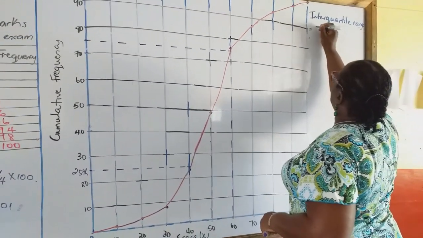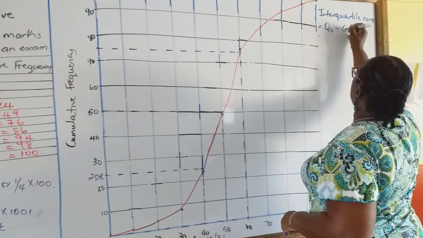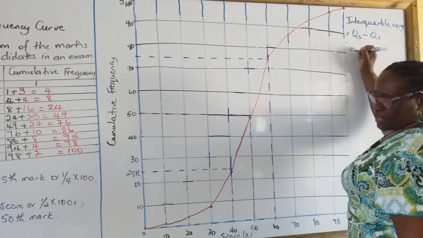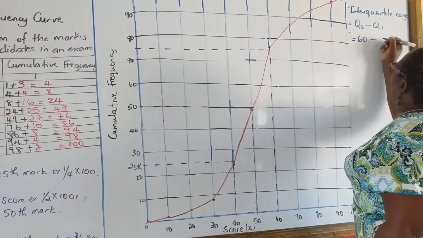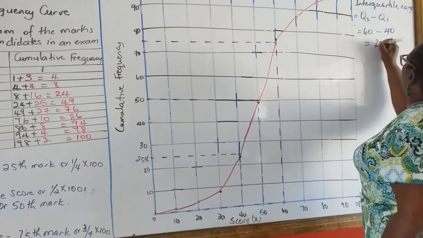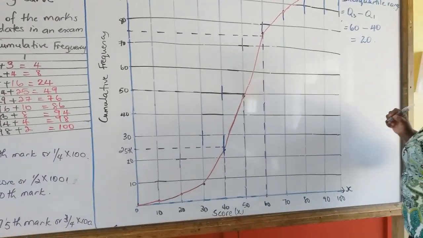And that is equal to Q3 minus Q1. Since we know Q3 to be 60 and Q1 to be 40, our interquartile range will be 20.